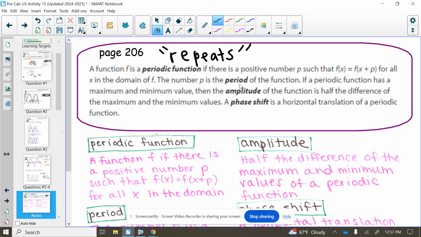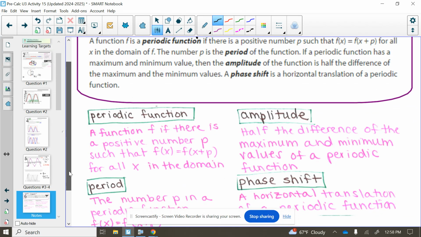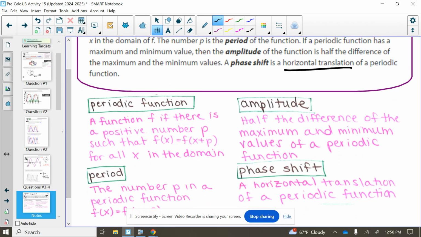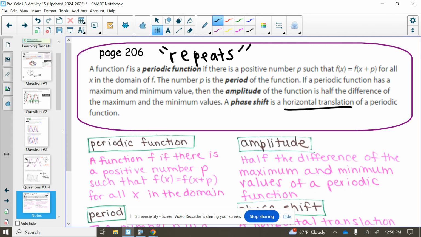So for the ones we've been dealing with, about 4 seconds, for instance, that 24-inch wheel, or 1 second for the training wheel. And there is a max and a min value in each of those. Half of that value would be called its amplitude. And then finally, a phase shift would be a horizontal translation left to right.